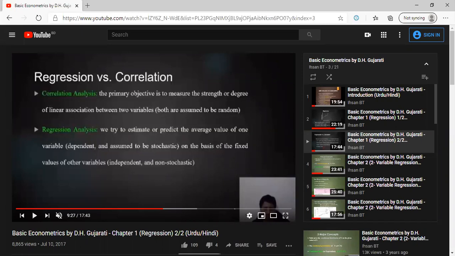What do you think? Correlation between x and x squared. Both are random variables, x and x squared. What do you think? Any idea?